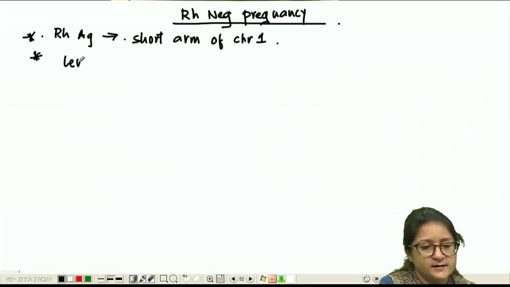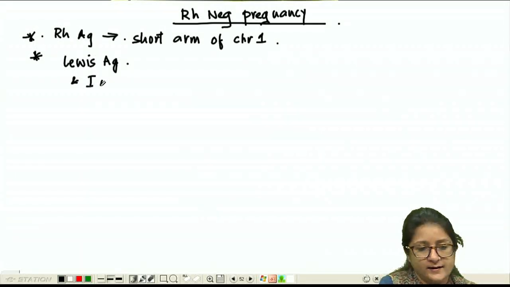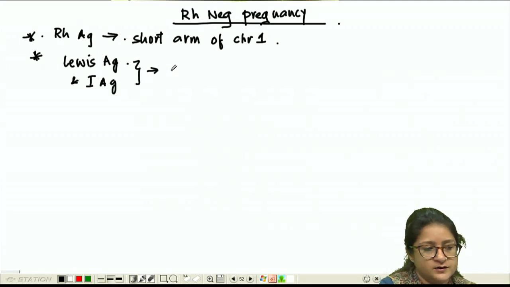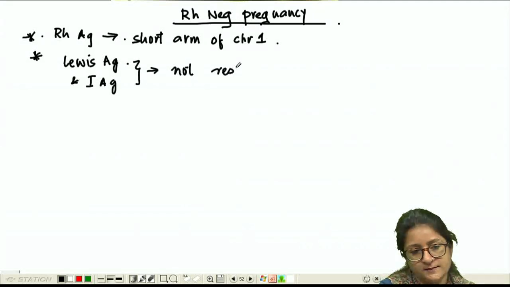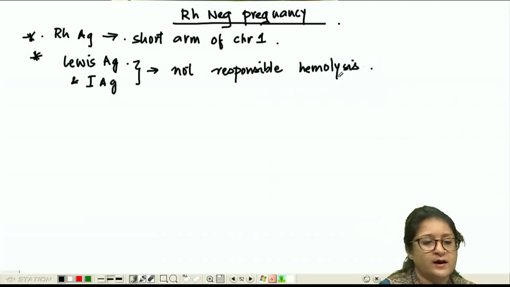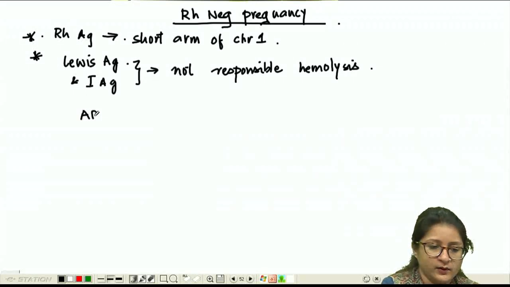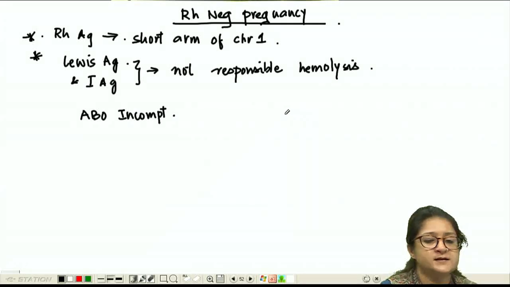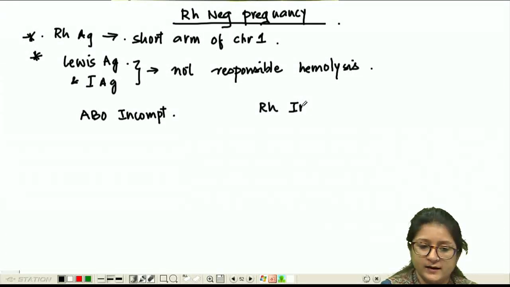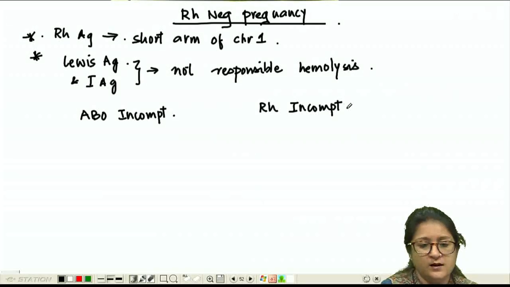Another important point is, of all the red cell antigens, Lewis antigen and I antigens are not responsible for hemolysis. They are not responsible for hemolysis. Another important thing you have to remember is there can be an ABO incompatibility between the mother and the fetus, and there can be an Rh incompatibility between the mother and the fetus.